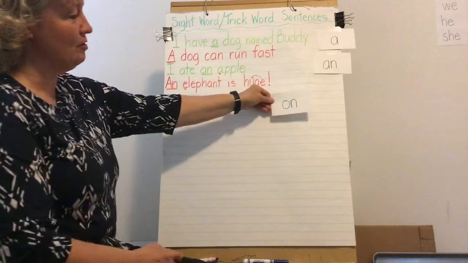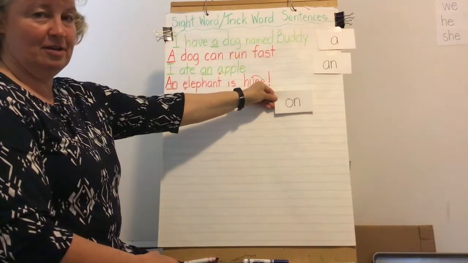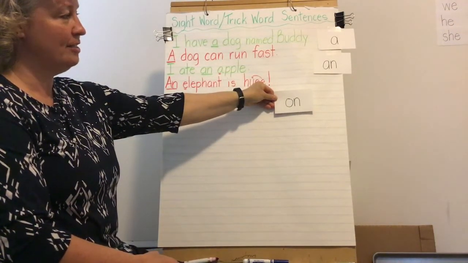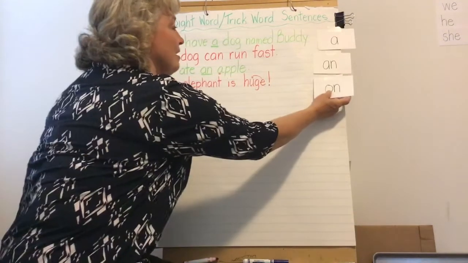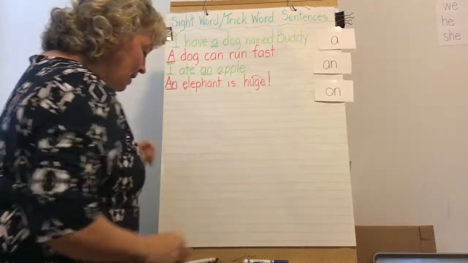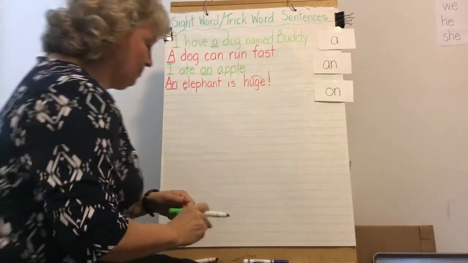Okay, here we go. Here's our next word. Go ahead, tell me what it is. Did you get on? On. Very good. All right, go ahead and see if you can think of a sentence for on.